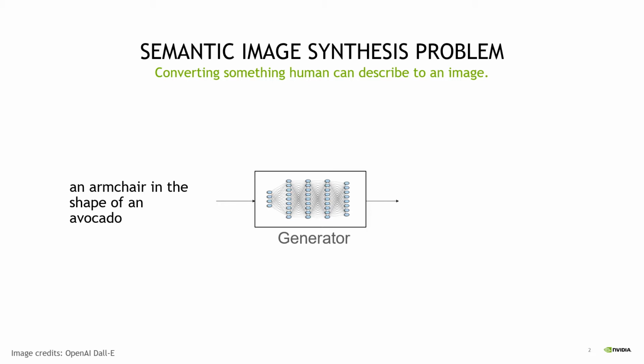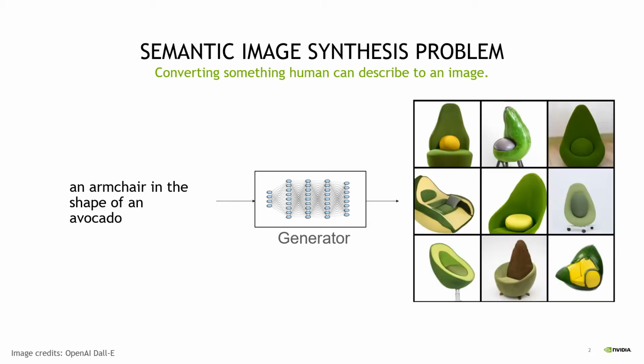The example here is an armchair in the shape of an avocado, and the generator can generate images corresponding to this language description. The images here capture the idea of a chair, something that people can sit on top of, and also have the appearance of an avocado.